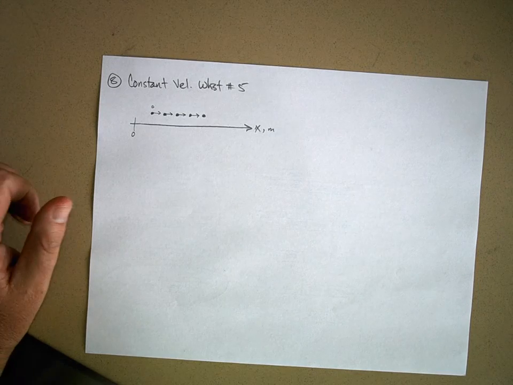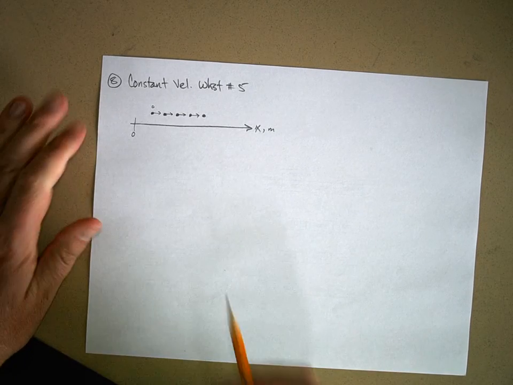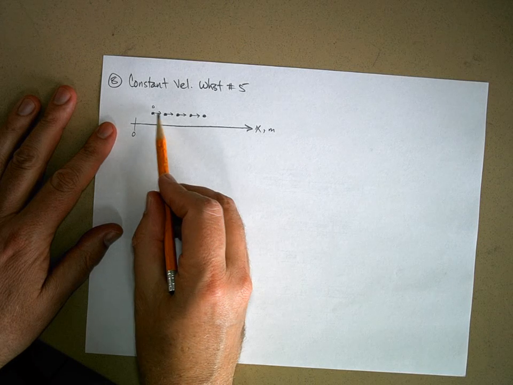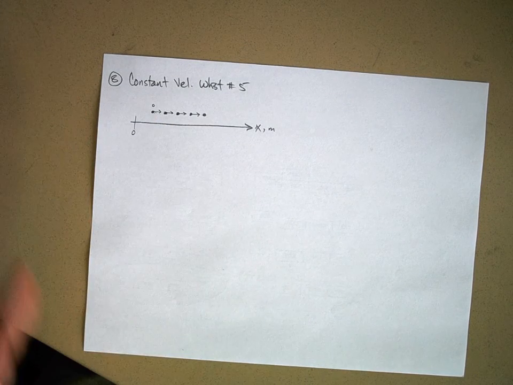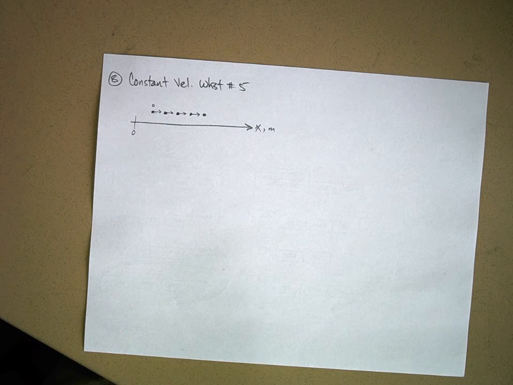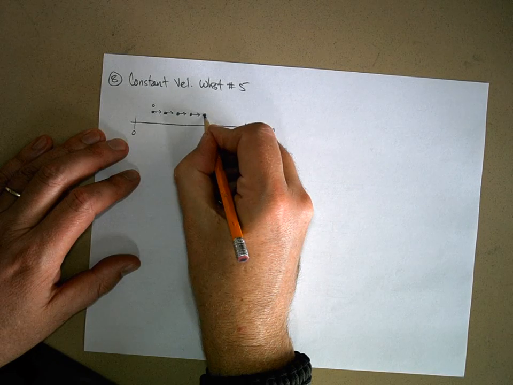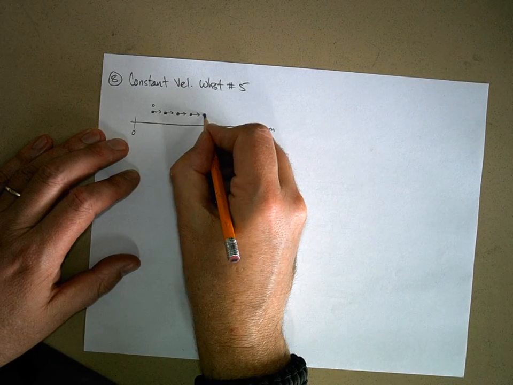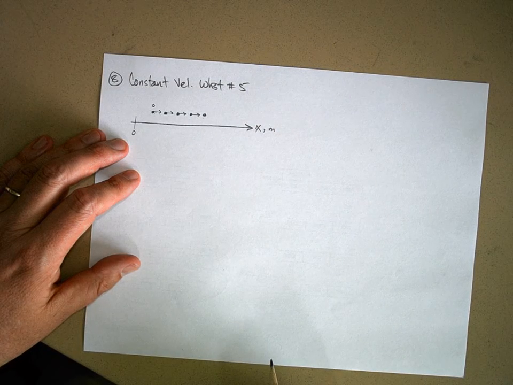Now, let's say that we're going to stop for a period of time. So this object moves here for 1, 2, 3, 4 seconds. And then we're going to stop. Now, every second, that means I'm going to be here, and then I'm going to be here again, here again, here again for a few seconds.